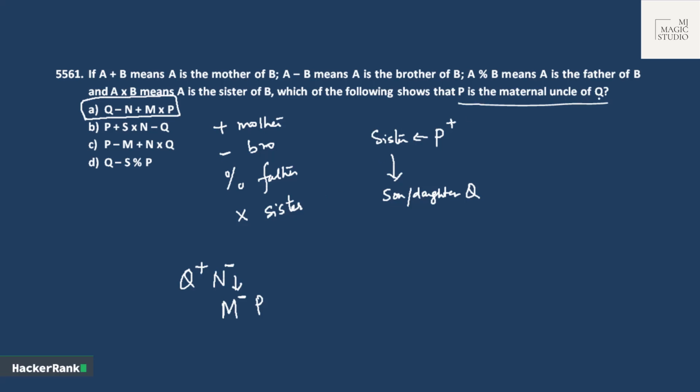P is maternal uncle of Q is what we need, but this says Q is maternal uncle of P. Gone for a toss.